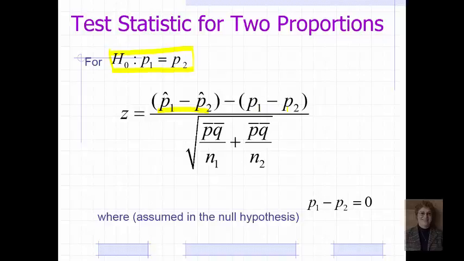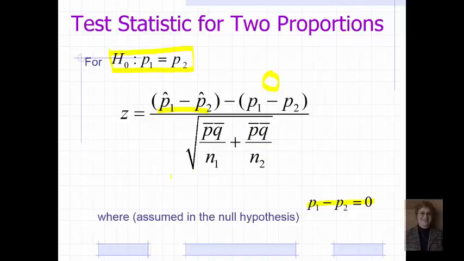Well, if P1 equals P2, then that difference is 0. So this value is usually 0. And then our denominator is our pooled PQ divided by the number in sample 1 plus the pooled PQ divided by the number in sample 2 and the square root of all that.